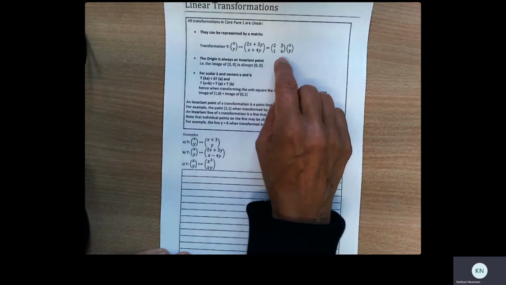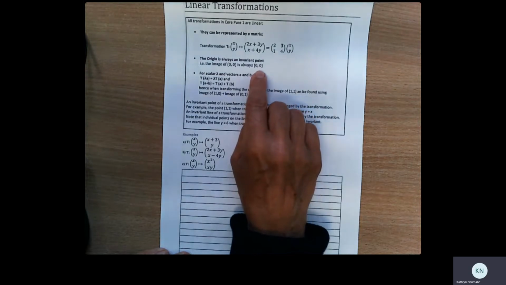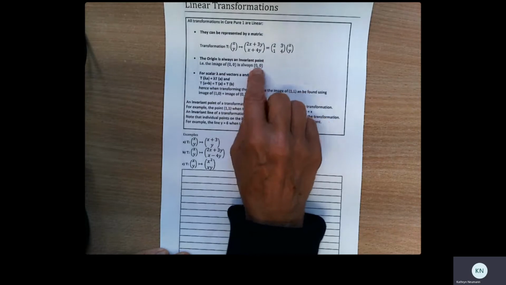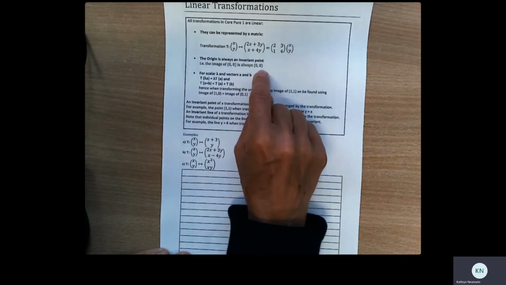A couple of things about transformations are important. The origin is always an invariant point, because if you think of a matrix multiplying the point 0, 0, that's always going to map onto the origin.